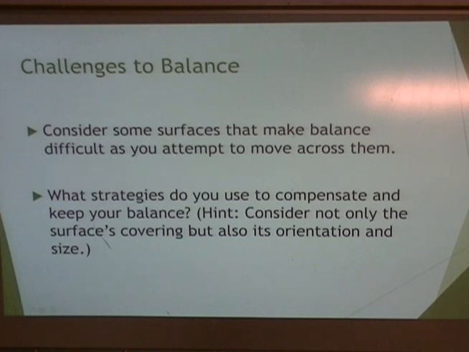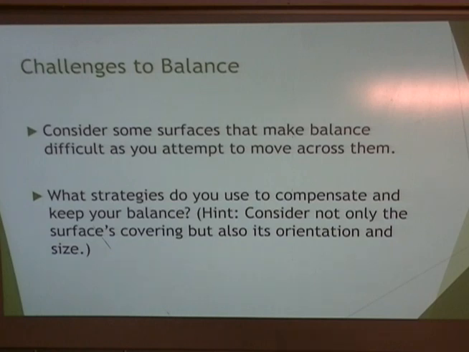Can you visualize or feel what you do to compensate for that? All right? And then think about other surfaces, the orientation of the surface. So if you're running the hills on the side of Greyhound Arena, what do you do differently than if you're running laps on the track?